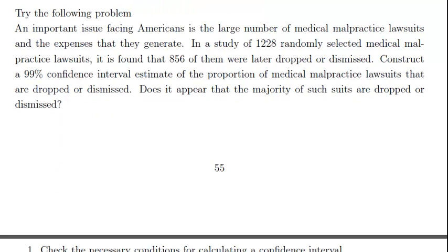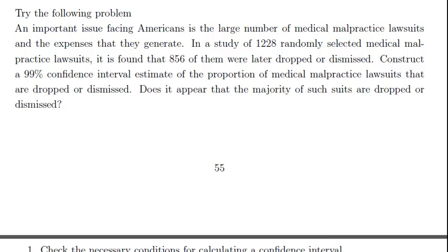So let's go ahead and just jump right in and do a problem. An important issue facing Americans is the large number of medical malpractice lawsuits and the expenses they generate. In a study of 1,228 randomly selected medical malpractice lawsuits, it was found that 856 of them were later dropped or dismissed. Okay, so let's write down the things that we are given here.